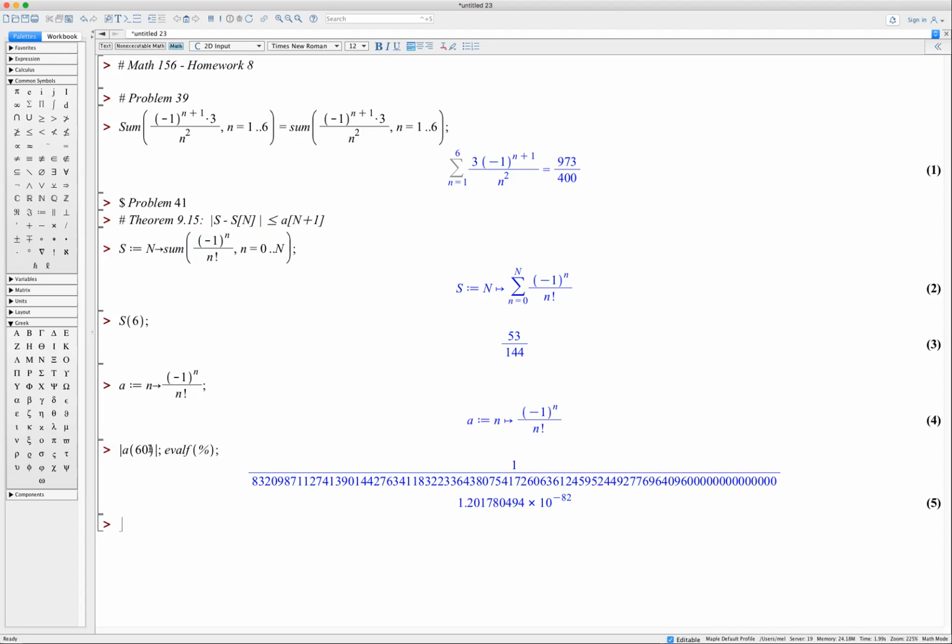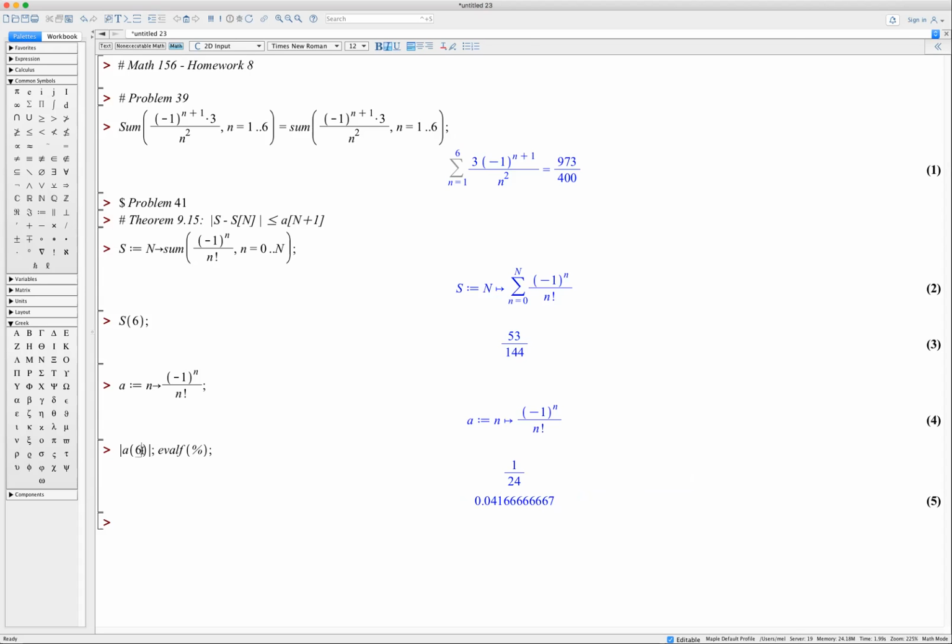If I take 60 terms, that's way too big, much more than I need. Let's take 4. If I take the 4th term, it's 1 over 24.